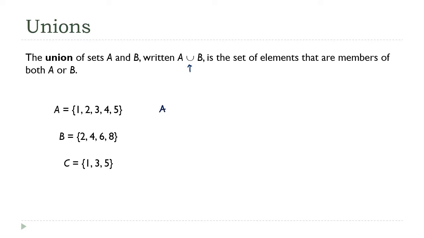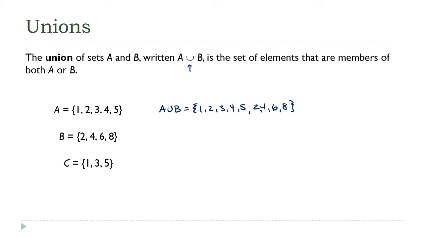A union B. What is this? Well, it's a very brute force thing. I'm going to write out all the elements of A, then I'm going to write out all the elements of B, and that's it. It literally is the two sets just brute force combined together. Now, I have to do a little cleanup.